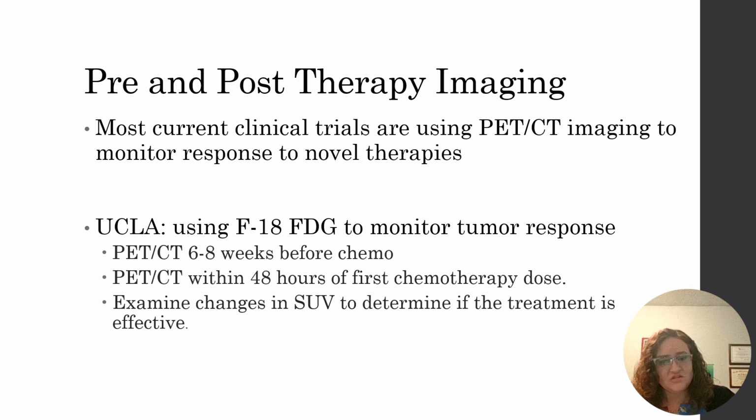And there's just an example here of one that was ongoing, maybe just completed at UCLA, using FDG to monitor tumor response for a new chemo agent. Patient was dosed within 48 hours of the first chemotherapy dose, and then 6 to 8 weeks before chemo. And then it's used to look at the SUV and determine if the treatment is effective.